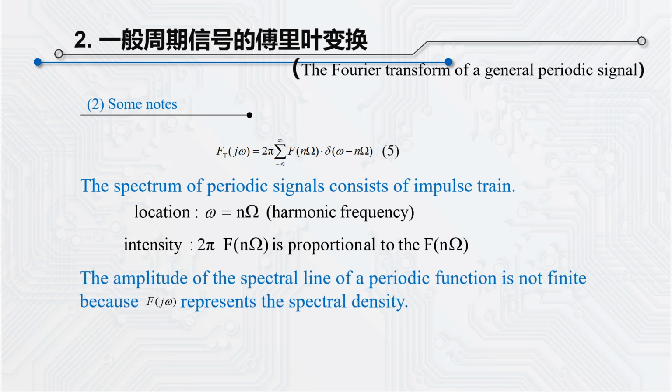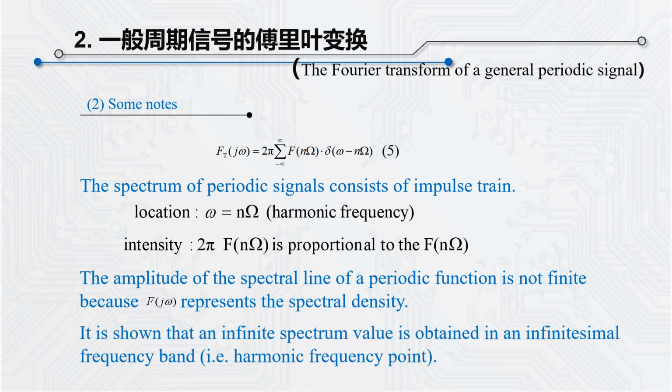Here you should know that the Fourier transform of the periodic signal is represented by the spectral density function. It's a continuous function, but it shows that in the infinitesimal frequency band, the harmonic frequency point reaches its infinite spectrum value. It is expressed by impulse.